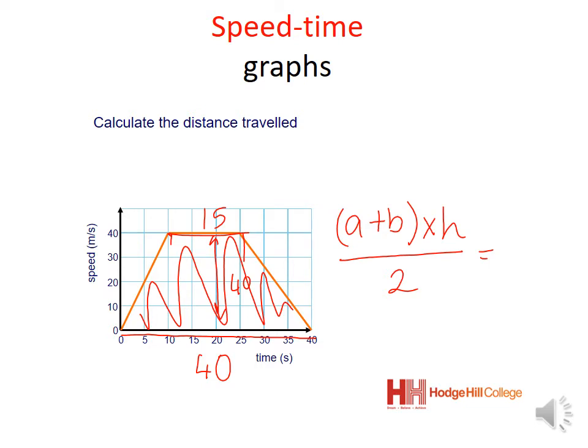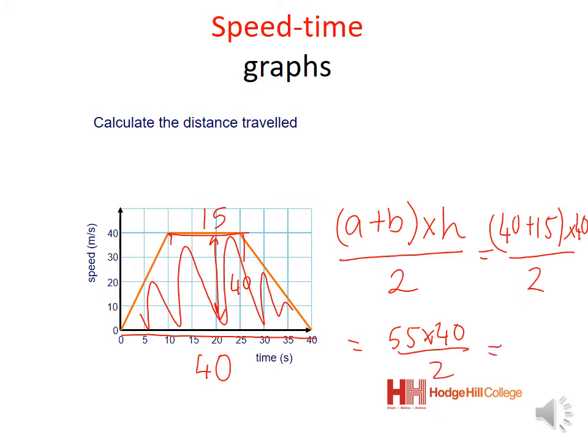So if we plug all that information in, we've got 40 add 15 times by 40 all divided by 2, which gives us 55 times 40 all divided by 2. 55 times 40, the answer to that is 2,200, and then if we divide that by 2, we are left with the answer of 1,100.